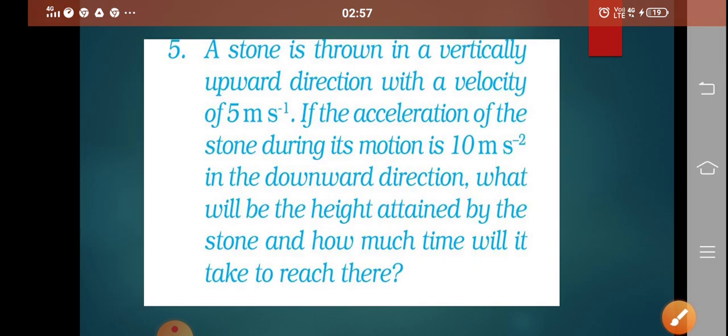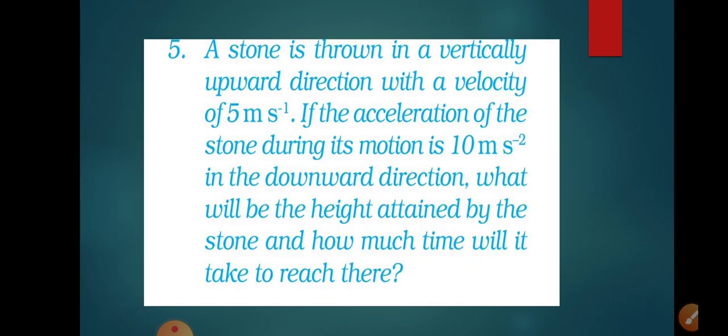Like this. Now suppose another question, same in text question. A stone is thrown in vertically upward direction with a velocity of 5 meter per second. If the acceleration of the stone during its motion is 10 meter per second square in the downward direction.